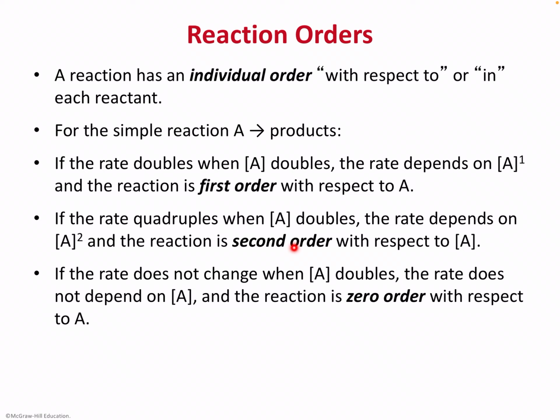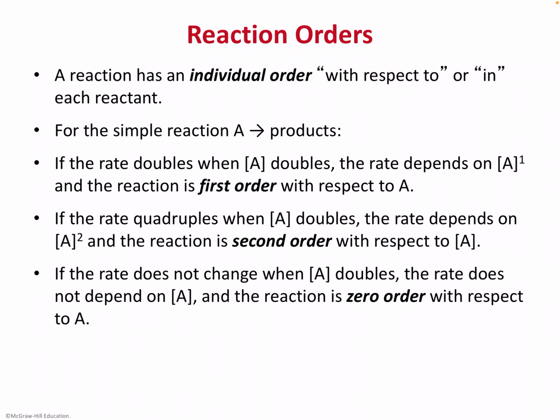Okay. If the rate does not change, so we keep adding concentration of A and nothing happens, if the rate does not change when A doubles, the rate does not depend on the concentration of A. We say the reaction is zero order with respect to the concentration of A. So we're going to focus on zero order, first order and second order.